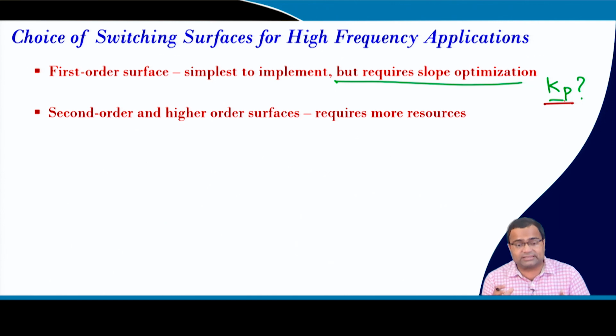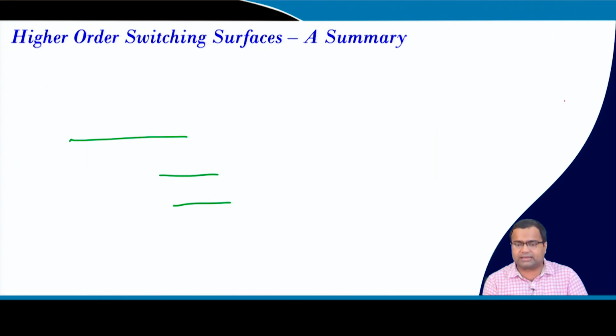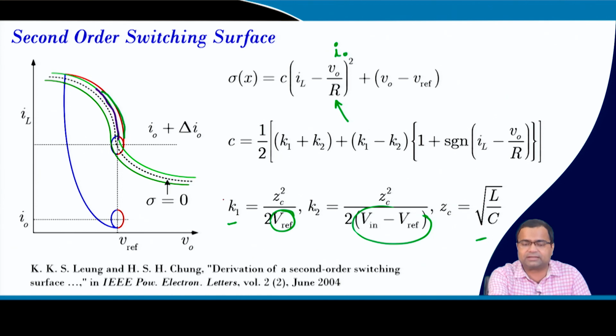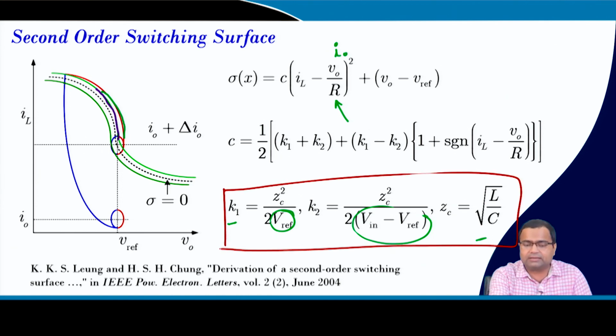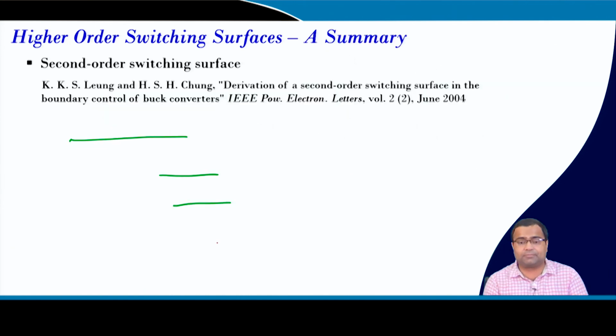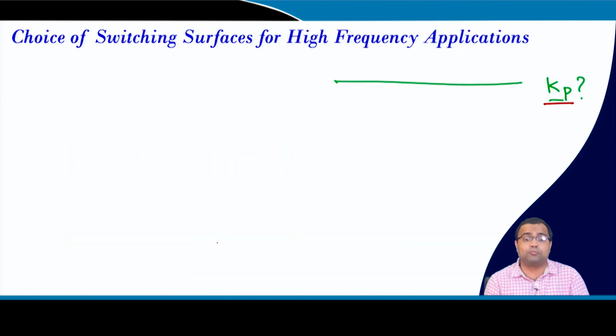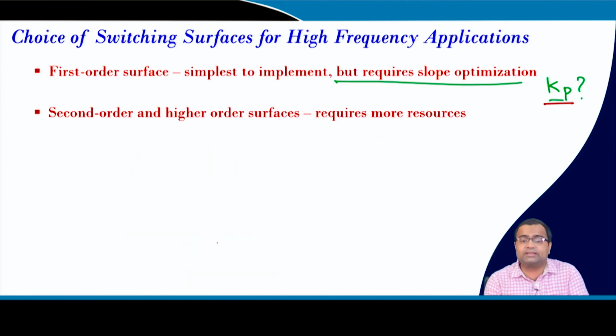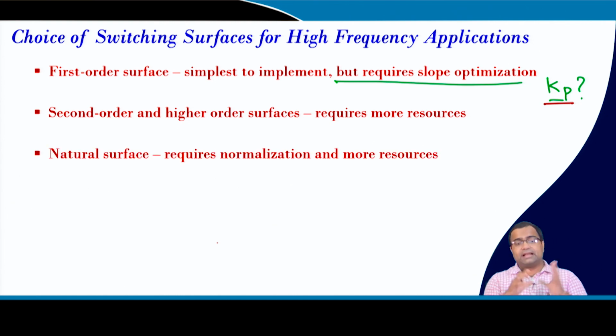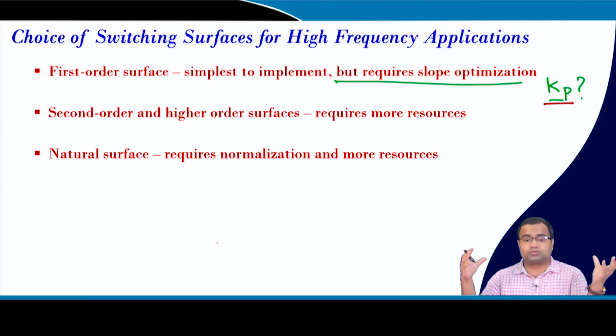The second order switching surface or the higher order requires more resources because you need to create a square block, and you also need to incorporate many other parameters, you have to plug in this parameter. This is useful, but in terms of resources it can consume more, and it also needs to sense the load current. The natural switching surface is also a very effective technique, but again it requires normalization and may require more resources.